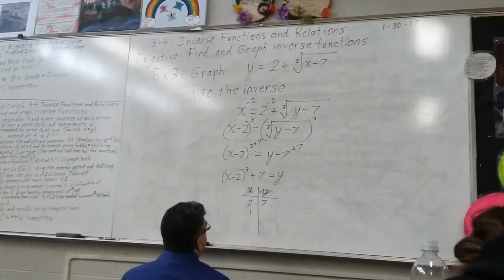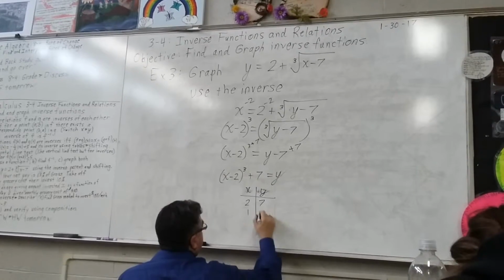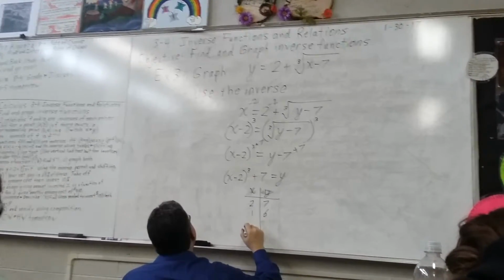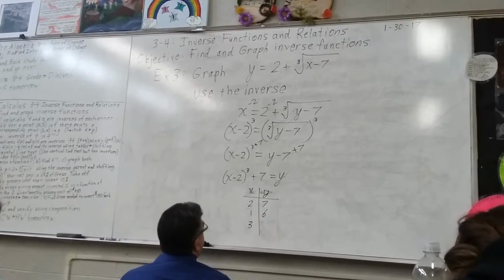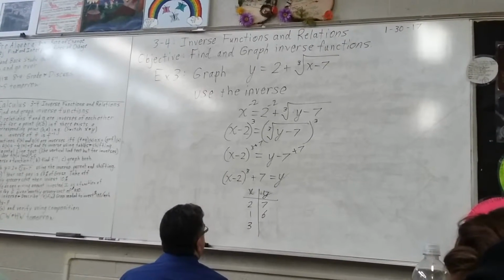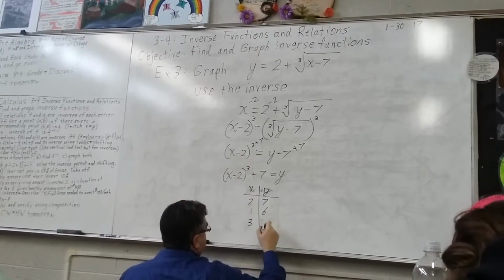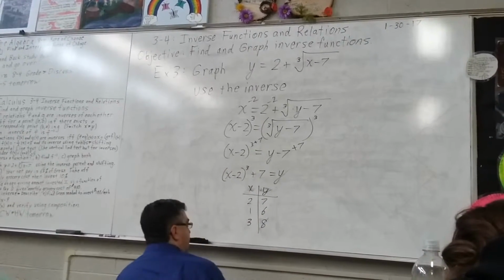Negative 1 cubed is negative 1. Negative 1 plus 7 is 6. 3 would be a clever one to put in because 3 minus 2 is 1. 1 cubed is 1. 1 plus 7 is 8.